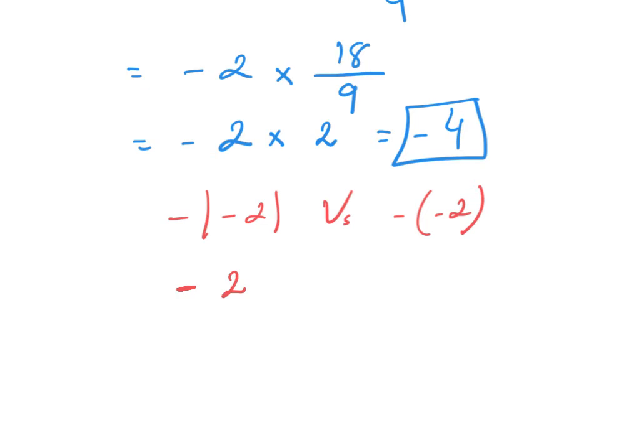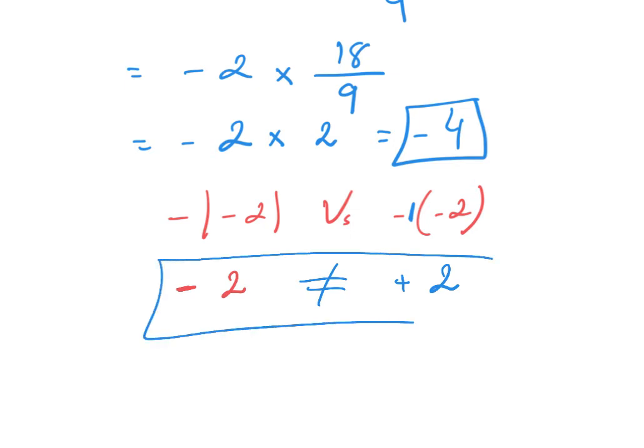Now, unlike here, we have parentheses. That's multiplication of the sign. The negative times negative is positive. It's the same thing as -1 times -2, and the answer is +2. So make sure you pay attention to this, right? Absolutely very, very important.